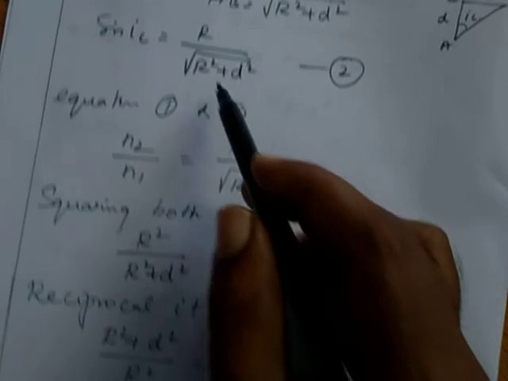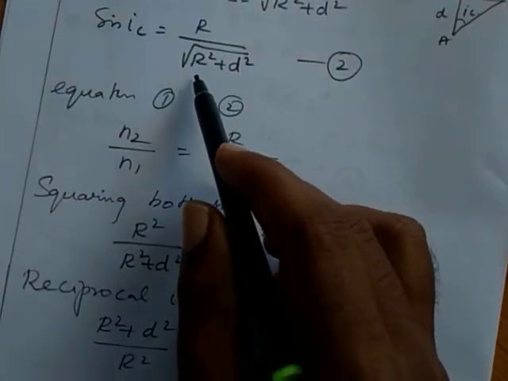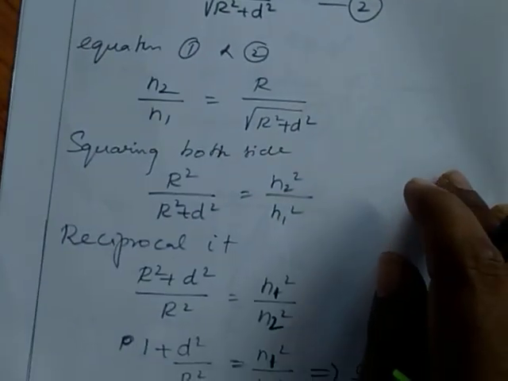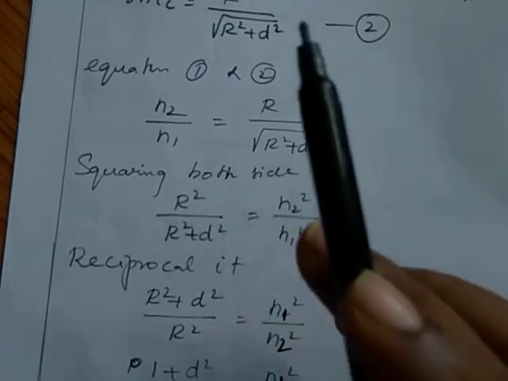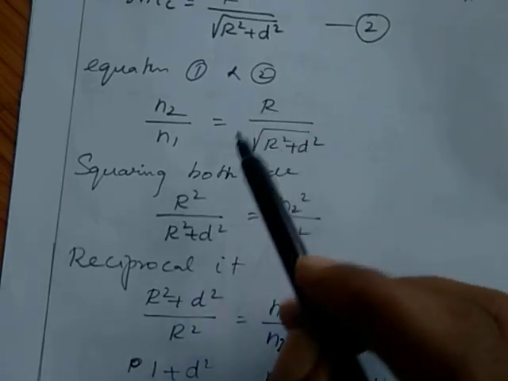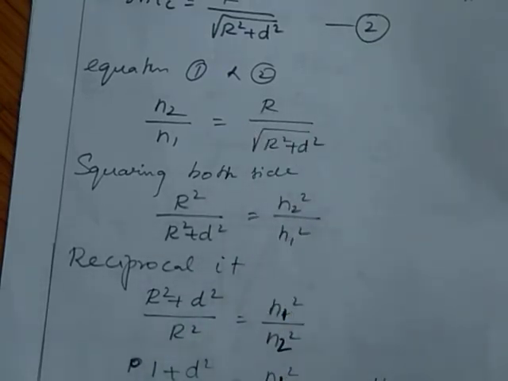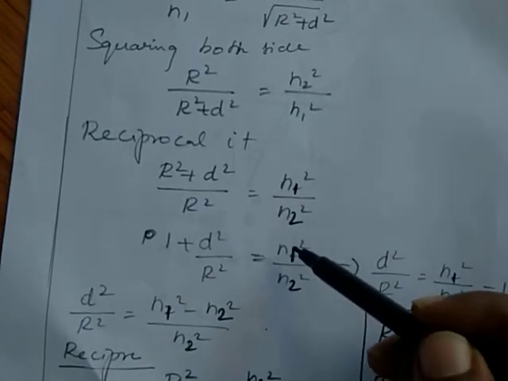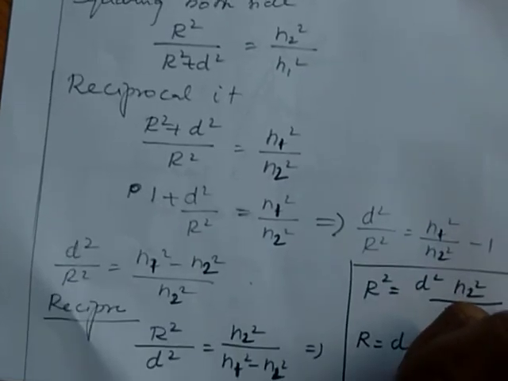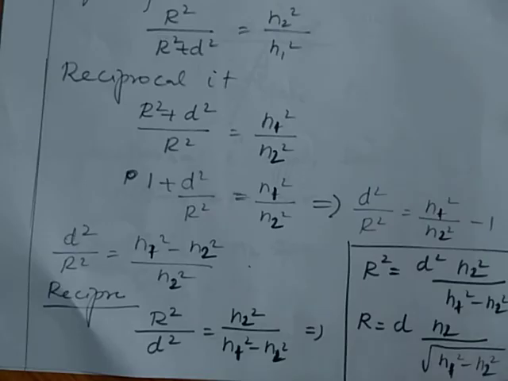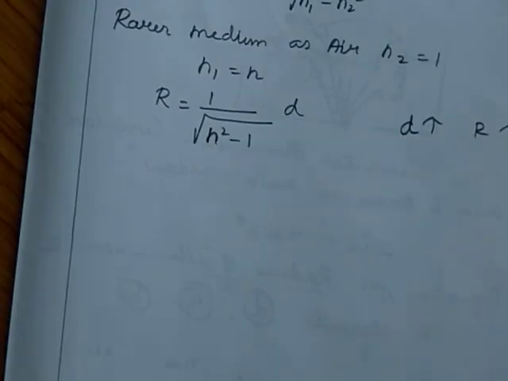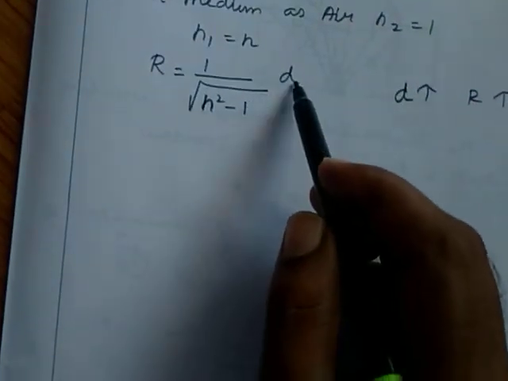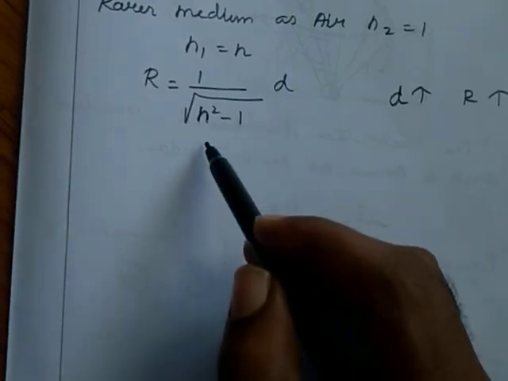Then we get r by root of r square plus d square. Then equating the two equations, we get this one. Then reciprocating it for the first time, then again reciprocating it for the second time, because we need r alone. Here the r value depends on depth of the water and refractive index of the water.